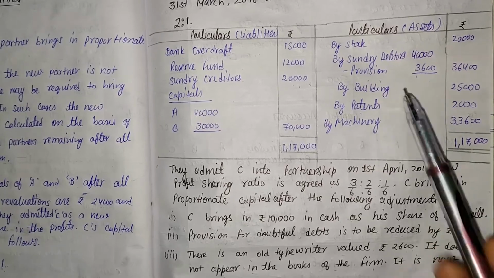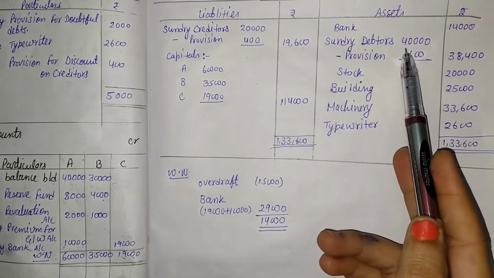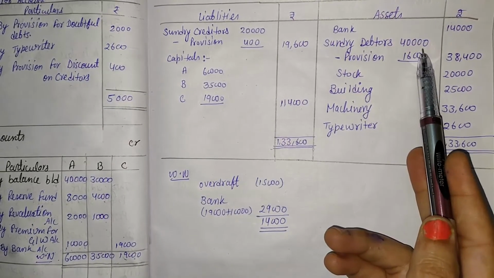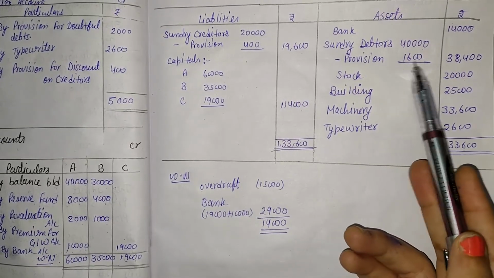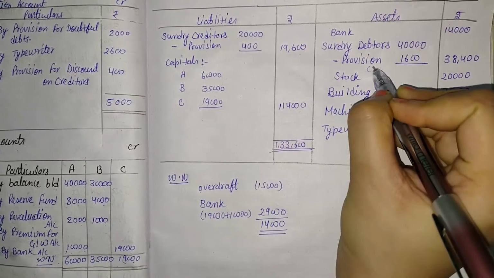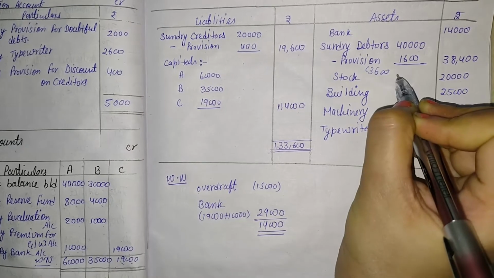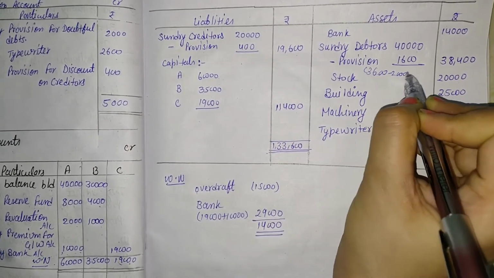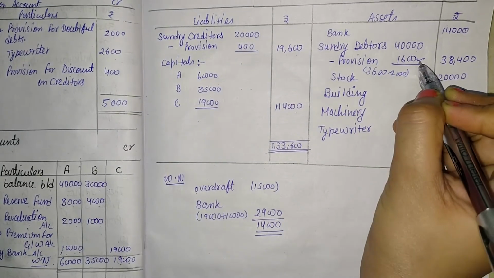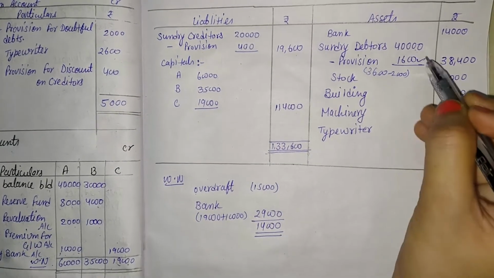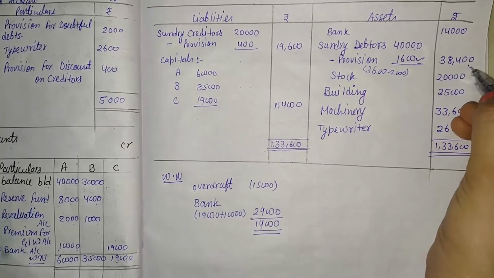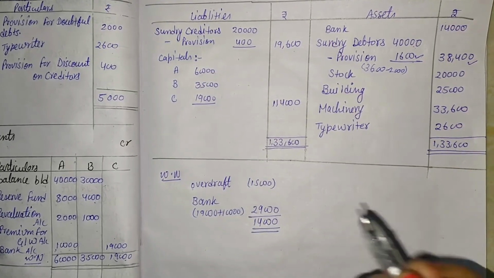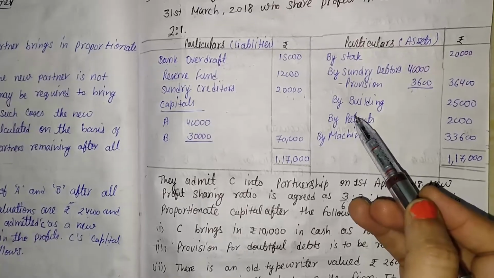Here it is, sundry debtors, that is rupees 40,000 minus provision of 1,600, which is 38,400.